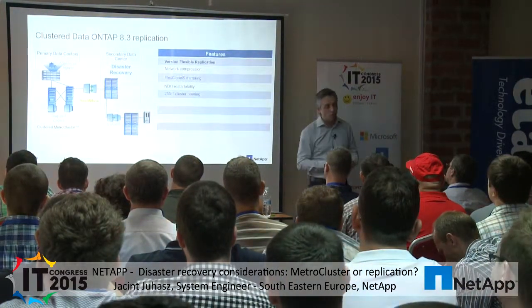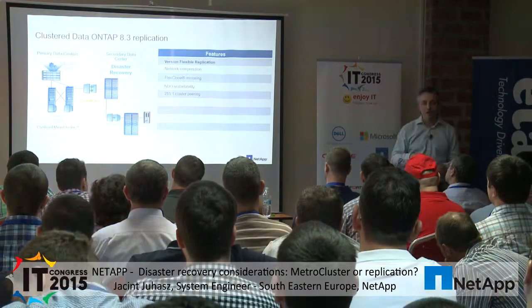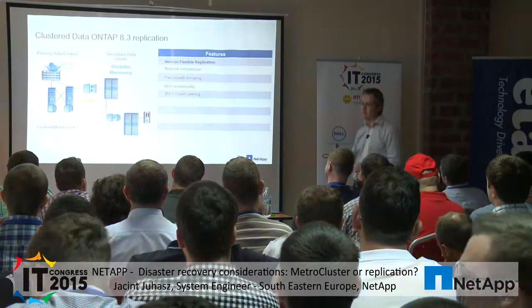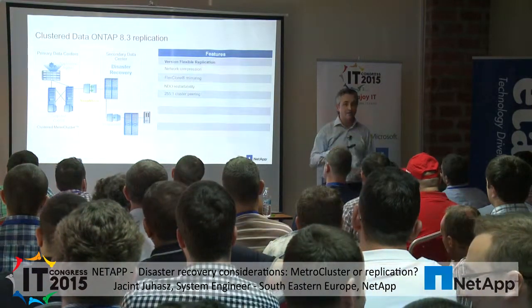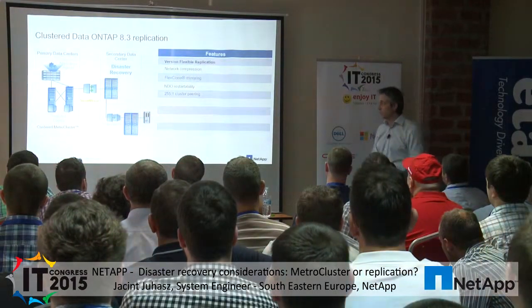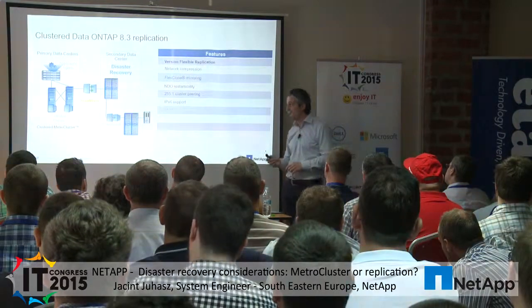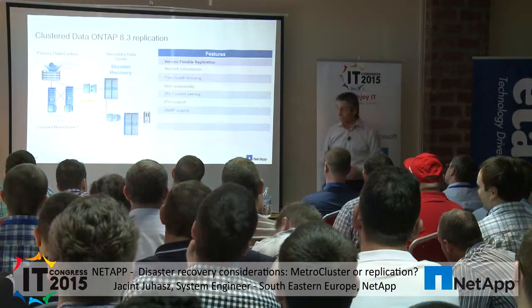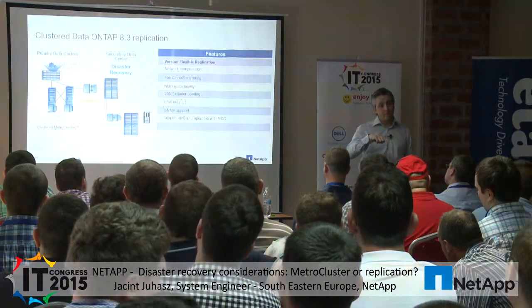You can have 255 to 1 fan-in. So you can have 255 systems replicating into one, or you can have one system replicating to 255 storage systems, if you have 256 storage systems somewhere in Romania, let's say. We support IPv6, we support SNMP, we support SnapMirror with MetroCluster.